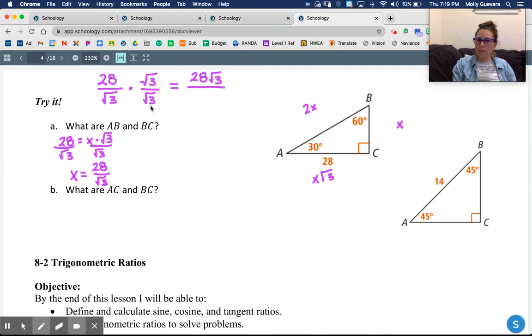Square root of 3 times square root of 3 is equal to the square root of 9, and the square root of 9 is just 3. So what happens is the square roots go away, and they're gone. So this is actually the exact answer here.